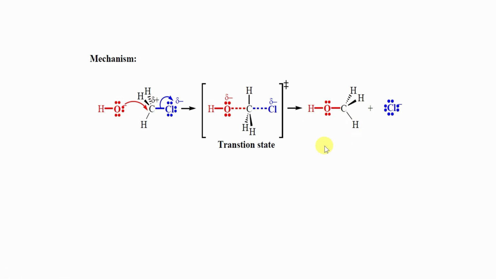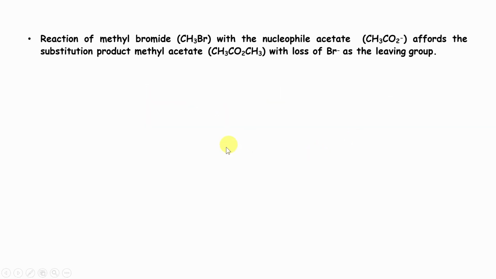Okay, another important example of SN2 reaction is the reaction between methyl bromide and acetate. Here, the methyl bromide with the nucleophile acetate affords the substitution product methyl acetate with the loss of bromide as the leaving group.